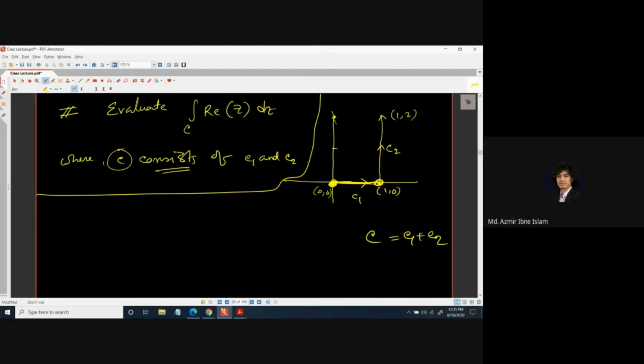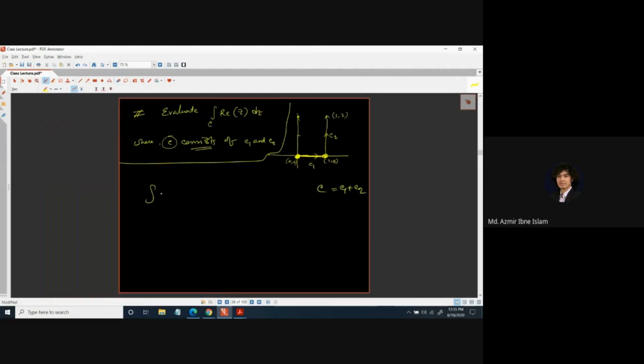So okay, let's try to solve this one. Let's try to rearrange the main function. Here we have real z. So we know z equal to x plus yi. So the real part of z is actually x. If I ask you what is the imaginary part of z, that will be y.